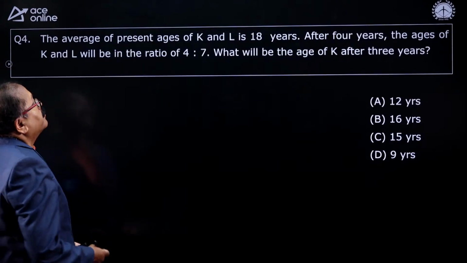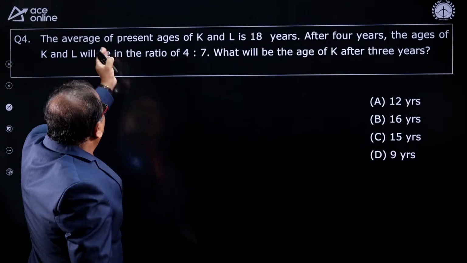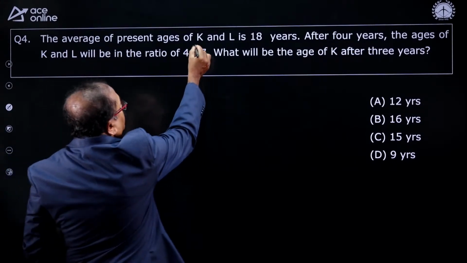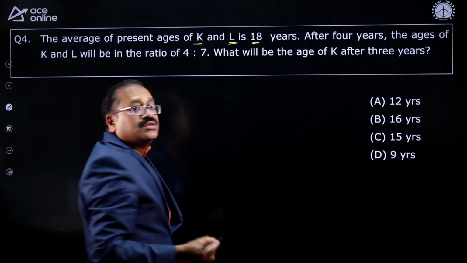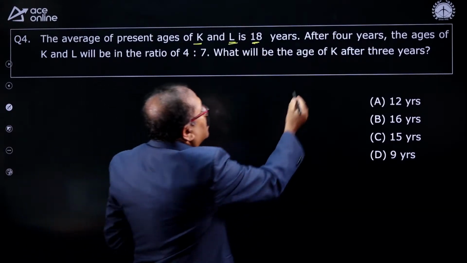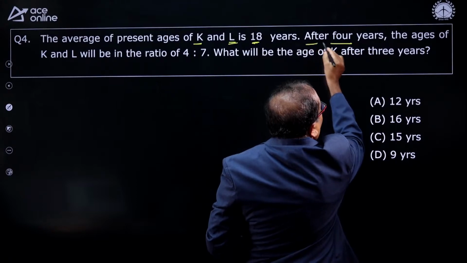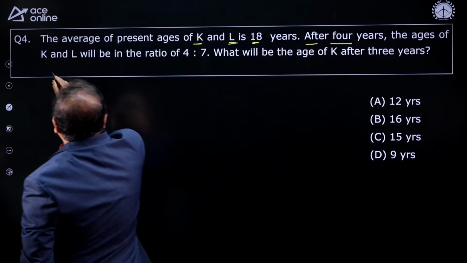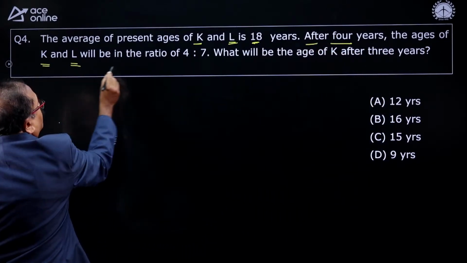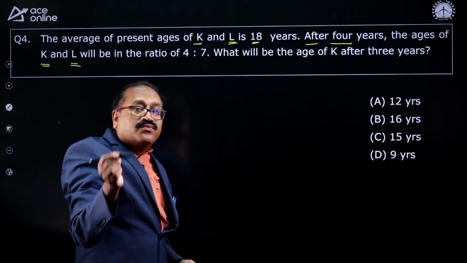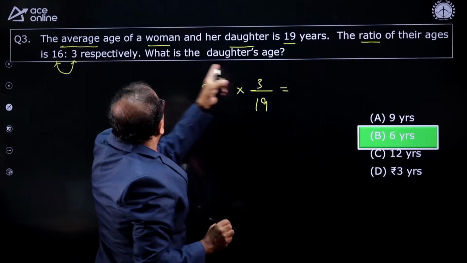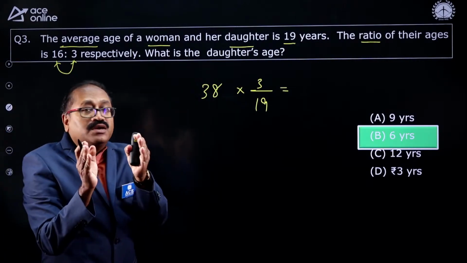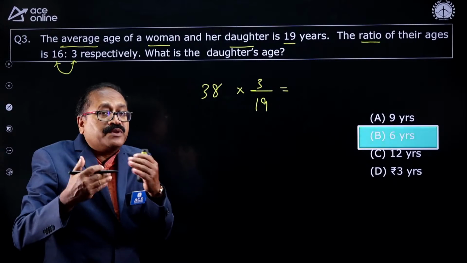Next question is here. The average of the present age of K and L is 18 years. So you know the total. After 4 years, the age of K and L will be in the ratio of 4:7. So here in the previous case it was the present ratio, 16:3.